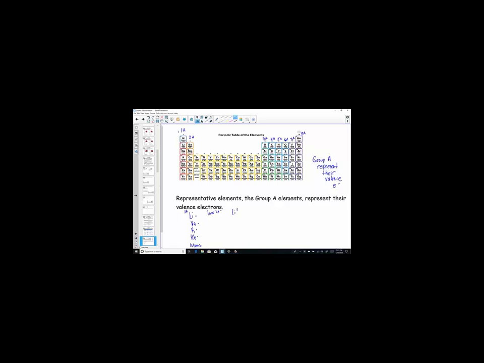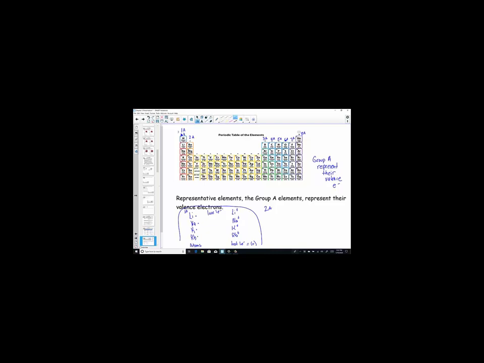We call that lithium ion, sodium ion, potassium ion, rubidium ion. All have lost one electron and form a +1 charge on their ion. That's group 1A.